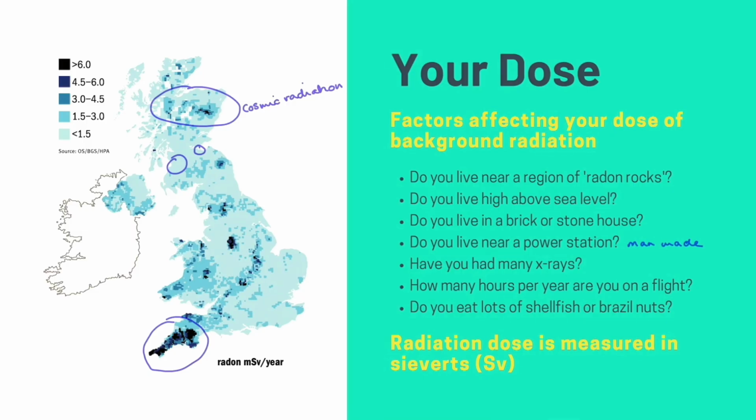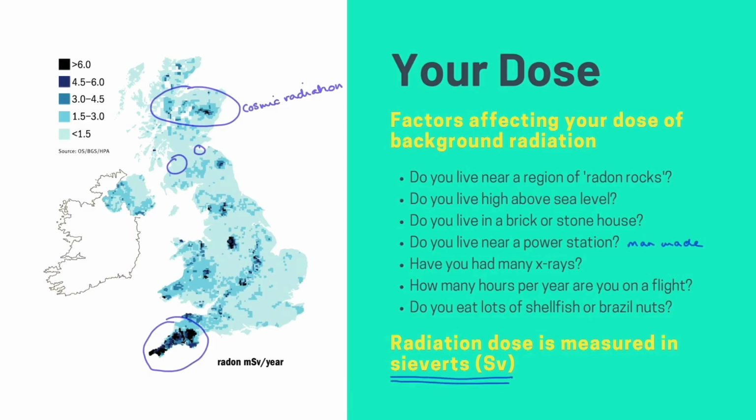Now, I don't want you to worry, okay? Because you could live in Cornwall, eat a diet of pure shellfish and Brazil nuts, and you could fly 100 times a year. You still wouldn't be in any great danger, I guarantee it. But what you can do is download a little sheet below me, and you can work out what your background radiation is. It will give you a value in sieverts.